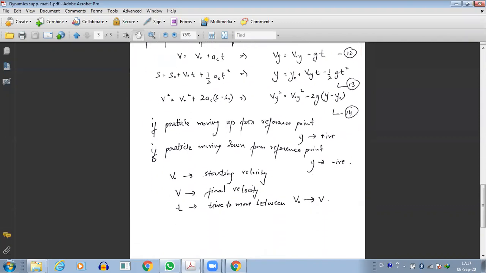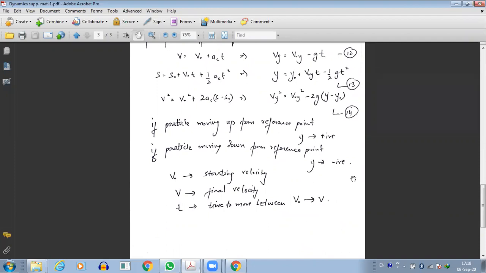Now there are some other points you should understand. You always have a start point and an end point. If the particle is moving up from the reference point, then y is positive. If the particle is moving down from the reference point, then y is negative.